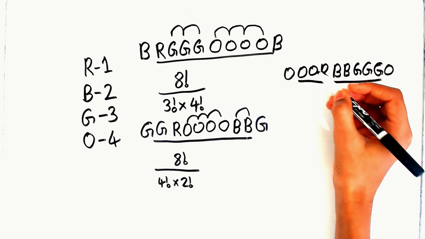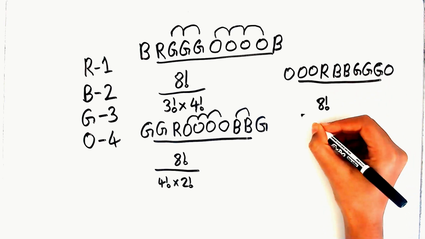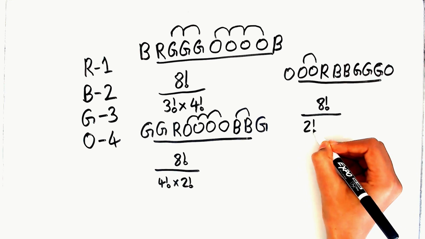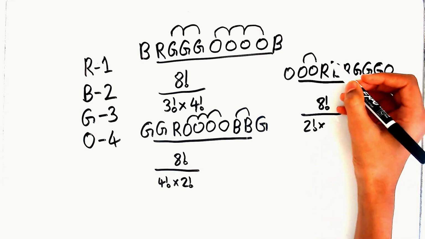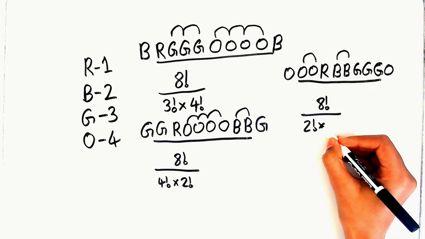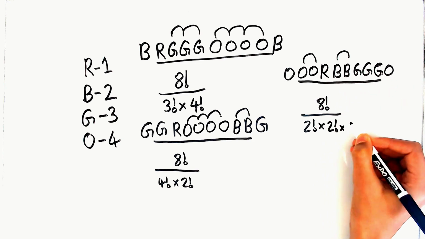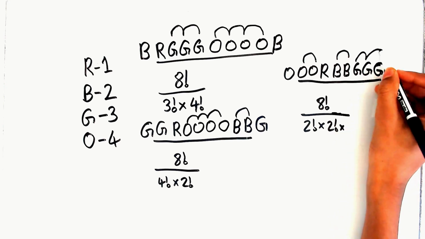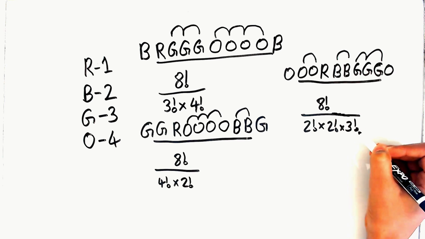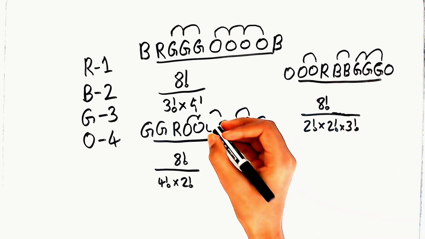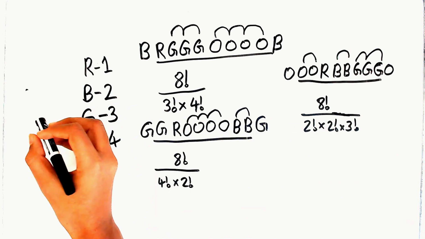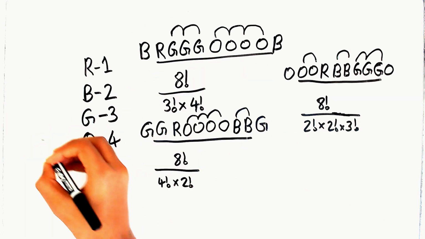So here, it would be 8 factorial divided by, we have 2 O's here, so it would be 2 factorial times, we only have 1 R, so it's not going to do anything, but we have 2 B's, so 2 factorial times, and we have 3 greens times 3 factorial. So here, let's write these 3 over here, and let's erase everything else.